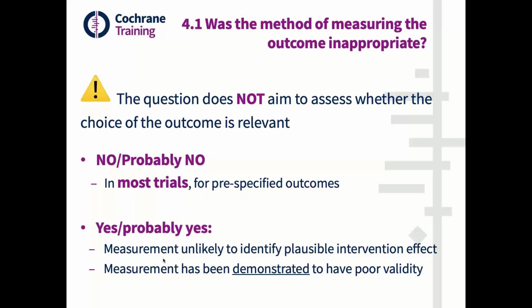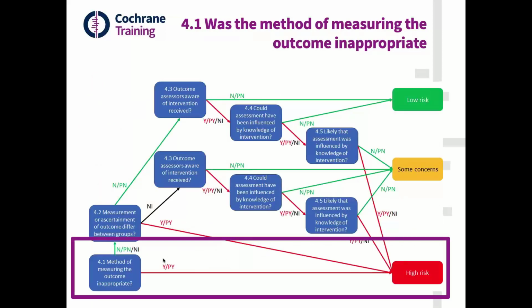It will be yes, probably yes, meaning that the method for measuring the outcome is inappropriate, only if the measurement that is being used is unlikely to be able to identify a plausible intervention effect, or if you have some clear evidence that it has a poor validity.